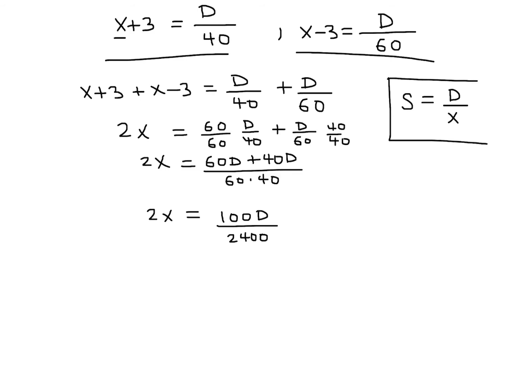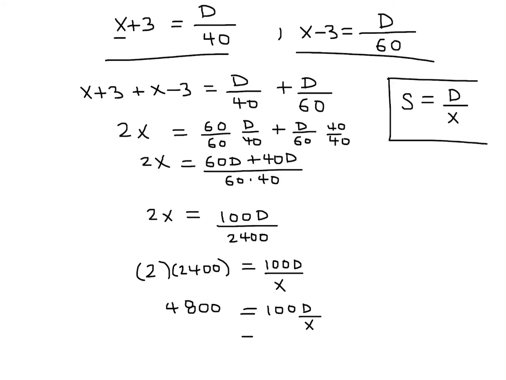And therefore 2 times 2,400 is equal to 100d over x. So we have 4,800 is equal to 100d over x. And then divide both sides by 100, and you'll get 48 is equal to d over x.